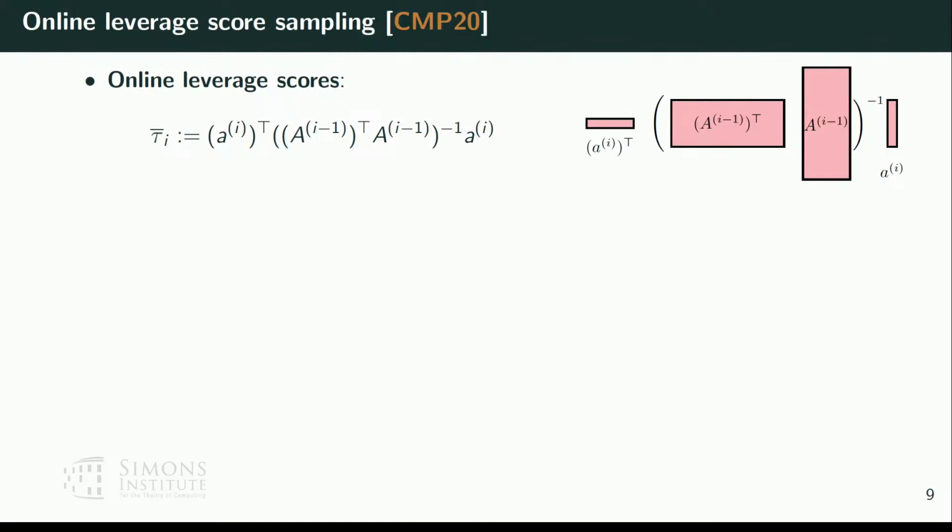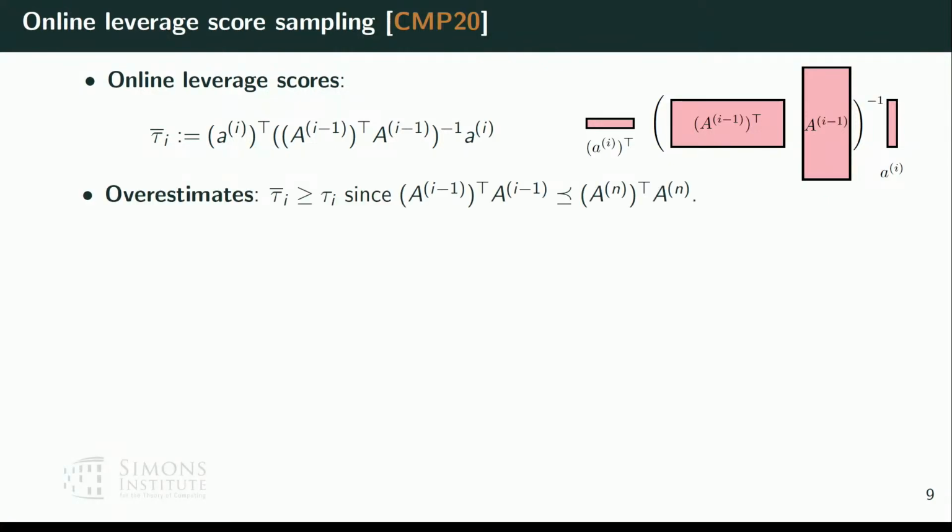So it's our current matrix. And these online leverage scores are always overestimates of the true leverage scores. Why? Because according to the matrix partial order, the smaller matrix is always smaller than the whole matrix. So these online leverage scores are always overestimates.